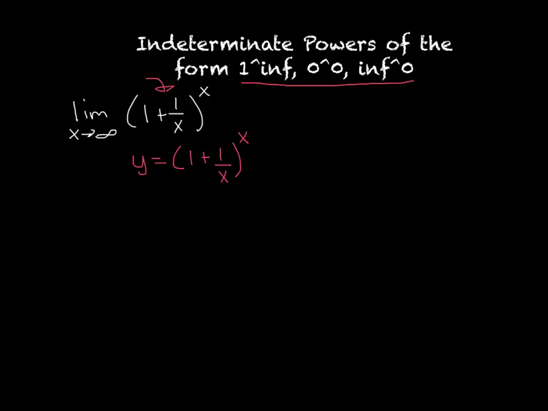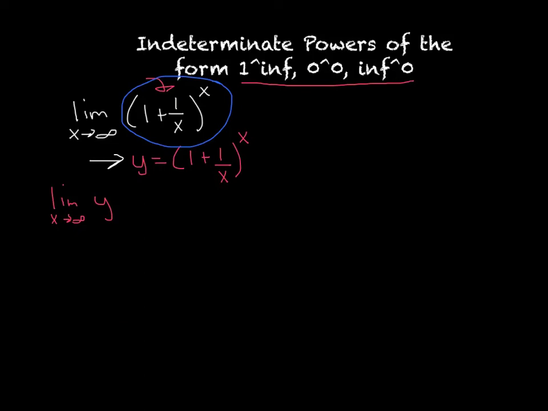So we're going to let y equal this function right there. And so our goal is to find the limit as x approaches infinity of the function y. All right? And so we're going to work on this function, and we're going to take the natural log of both sides.